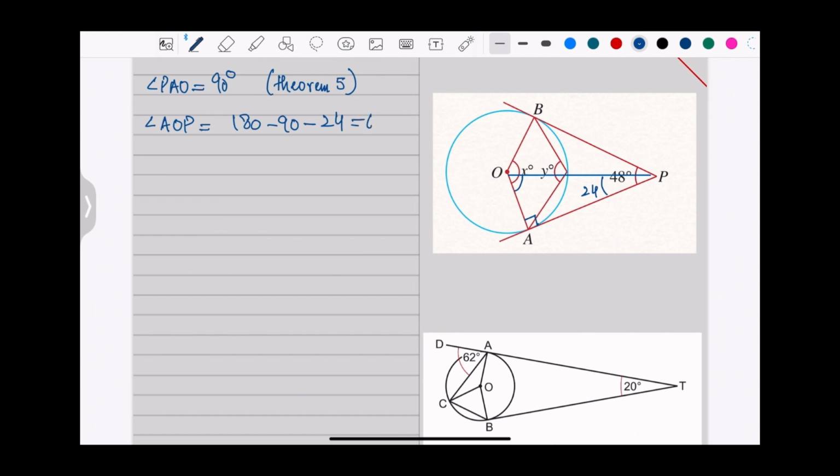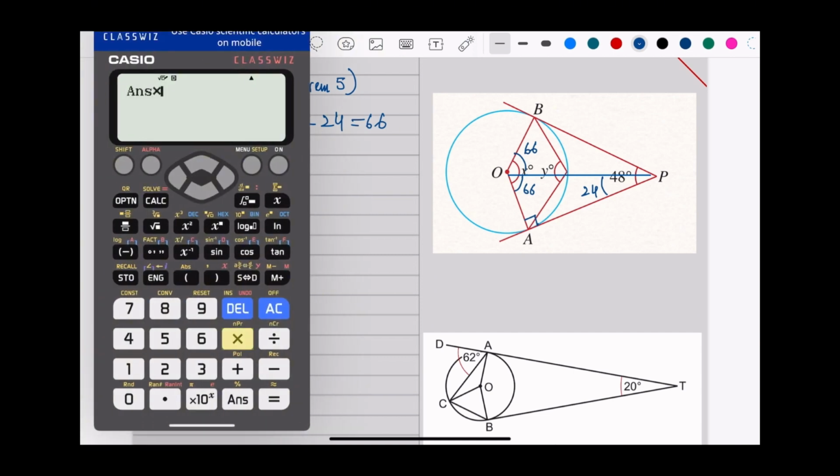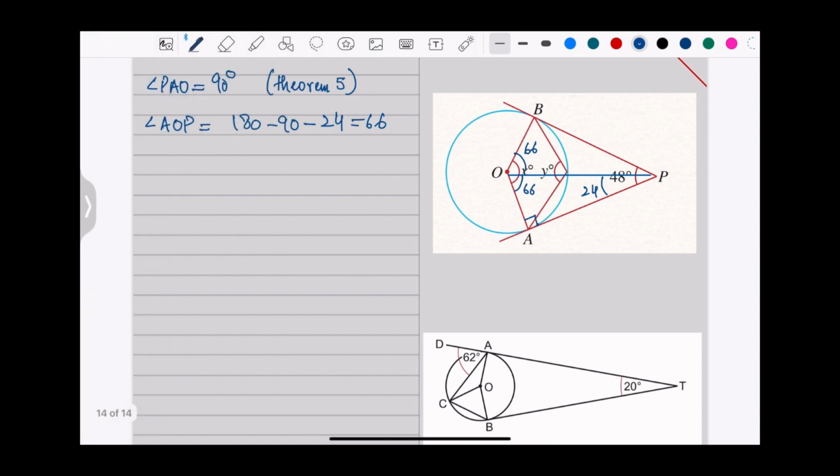It's going to be 66. So half part is 66, so the other part is going to be 66 as well. Angle AOB is going to be 132 degrees.